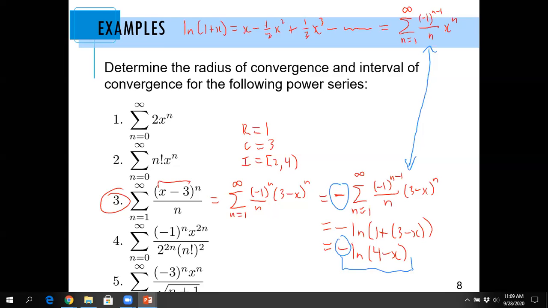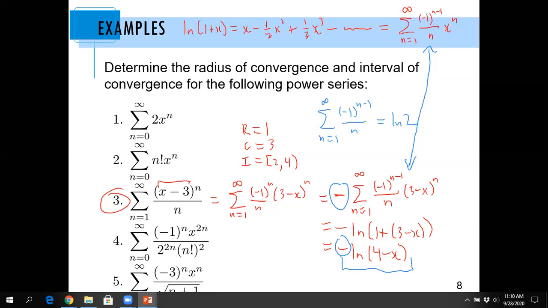And you'll get the alternating harmonic series: the sum from n equals 1 to infinity of (-1)^(n-1)/n is equal to the logarithm of 2, which is sort of weird, right? The natural logarithm of 2, by plugging in x equal to 2.